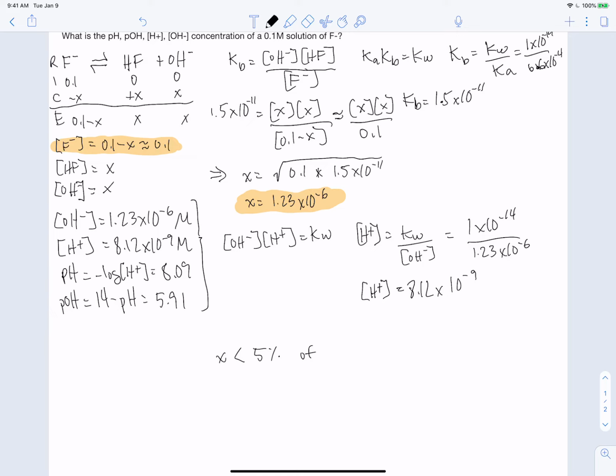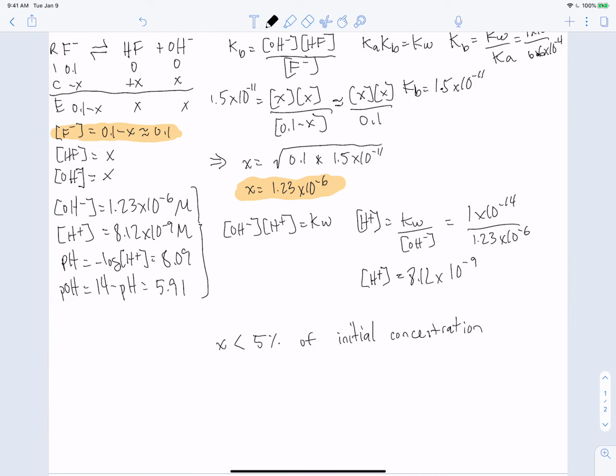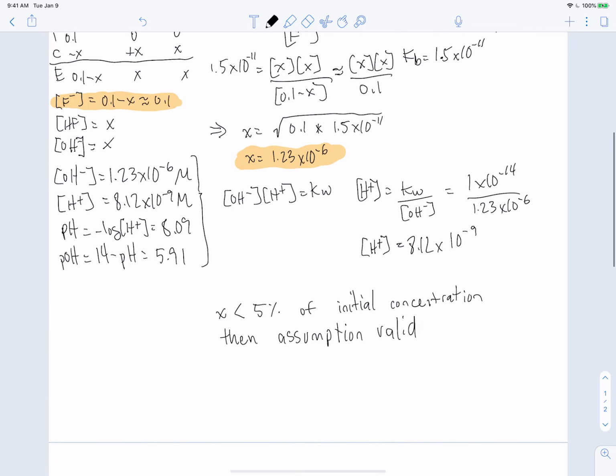so in this case, like, how do I want to say that? I guess, yeah, initial concentration. So it could be for HF or it could be for A minus. It doesn't really matter. Then your assumption is valid. So if we're trying to compute that, we can just take x, this value here, and we can divide it by whatever the starting concentration was.